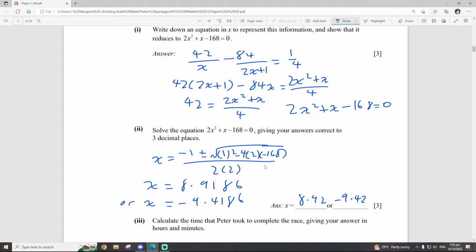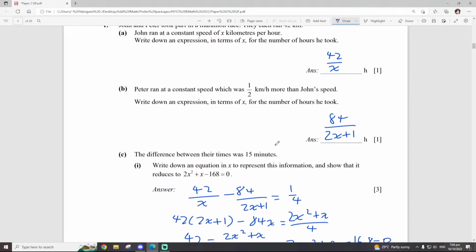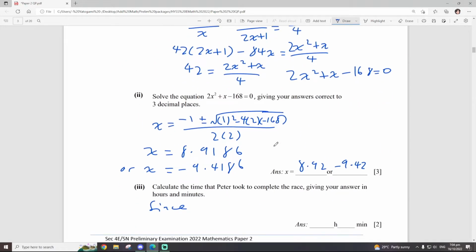Now we need to write both answers because we haven't brought the context in yet. Calculate the time that Peter took to complete the race. Okay, for this part we must clearly take the positive value, since x is what? Speed, right? Yeah, x is speed. Since the speed is positive, x equals to 8.9186.